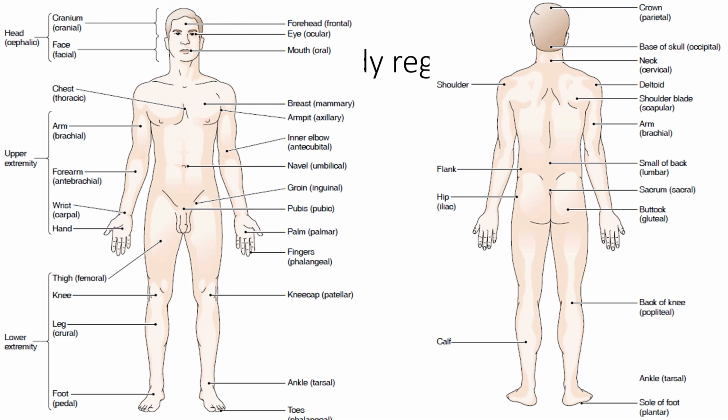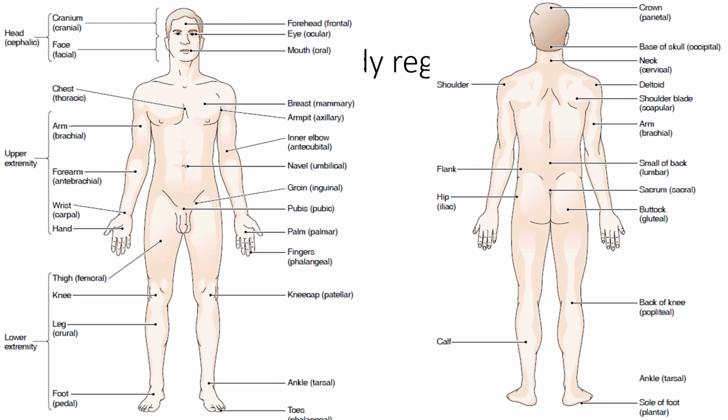For the fingers and toes, we have phalanges, wrist carpal, forearm antebrachial, arm brachial. Then thigh, we have the femoral. Then foot pedal, hand manual. Then leg crural, ankle tarsal.